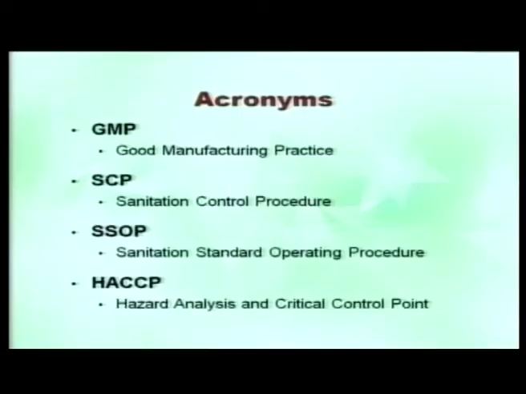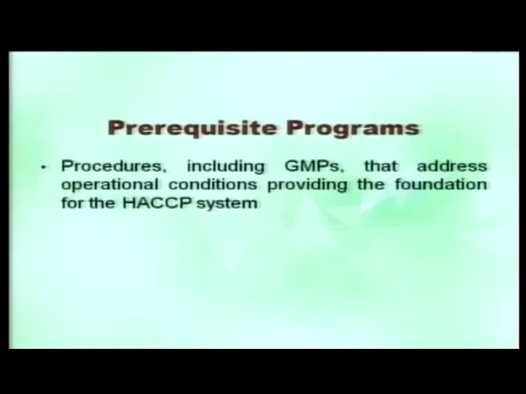Now, certain acronyms for the prerequisite programs which are very commonly used by food businesses. We call them GMP, good manufacturing practices; GHP, good hygienic practices; SCP, sanitation control procedures; SSOP, sanitation standard operating procedures; SOPs, standard operating procedures; or HACCP, hazard analysis and critical control point.